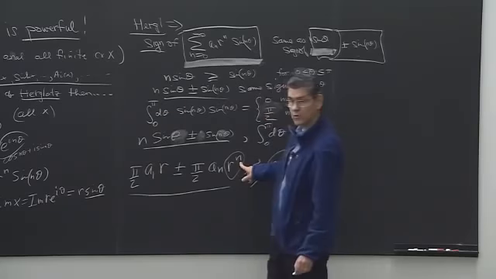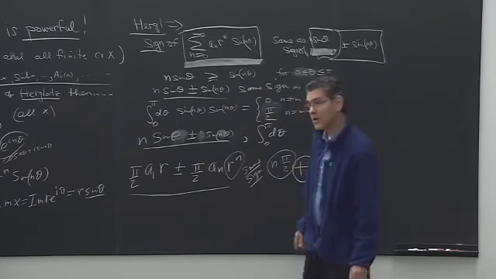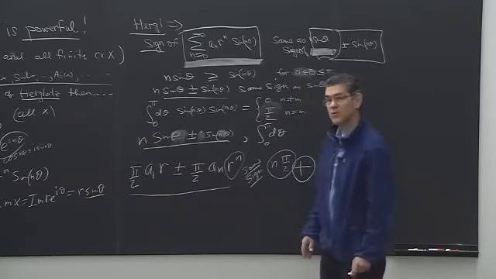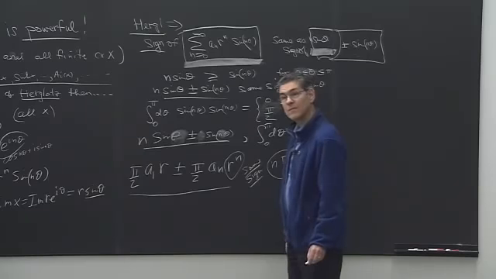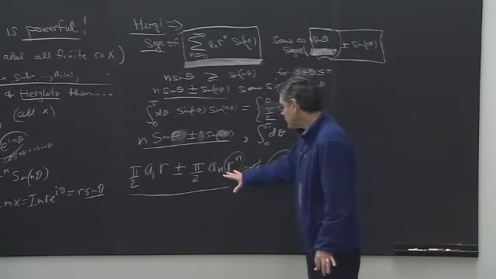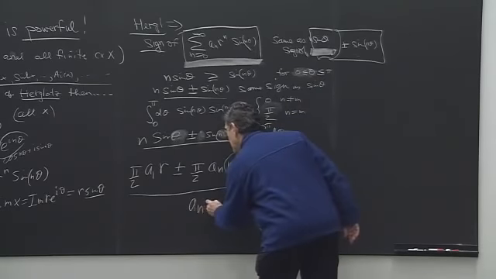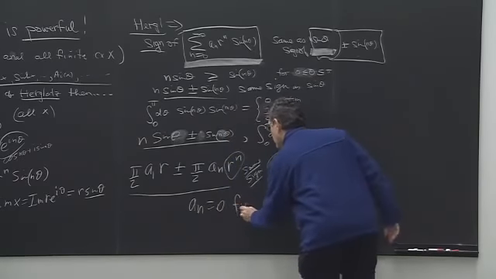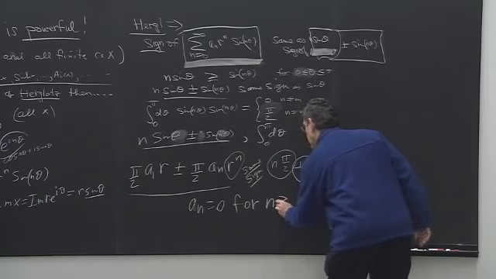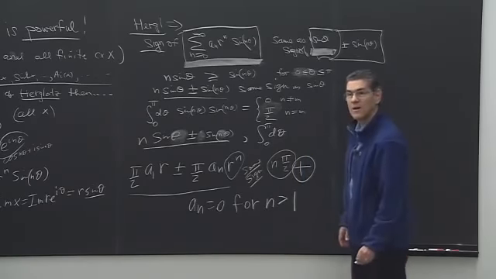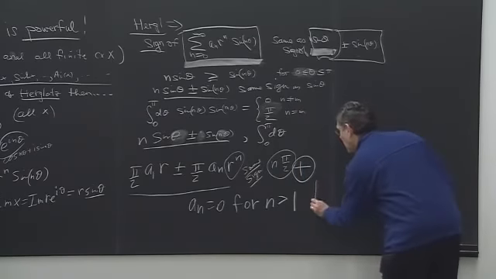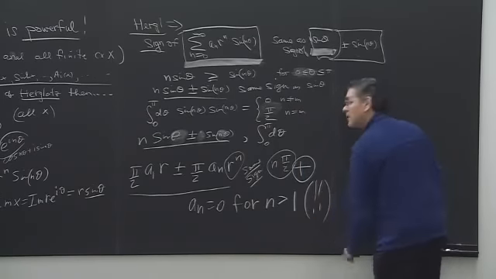R can be made arbitrarily large. Therefore, contradiction. So the only resolution of this is that an must be equal to 0 for n greater than 1. And I think that gets a wow. Okay, that's amazing.